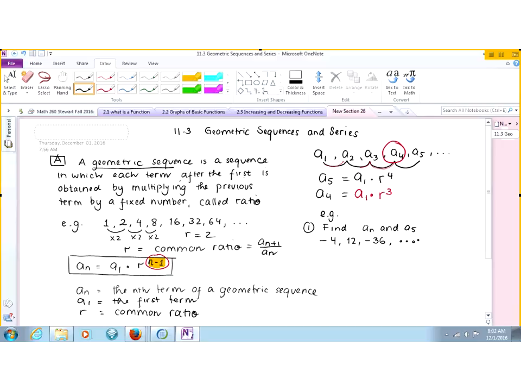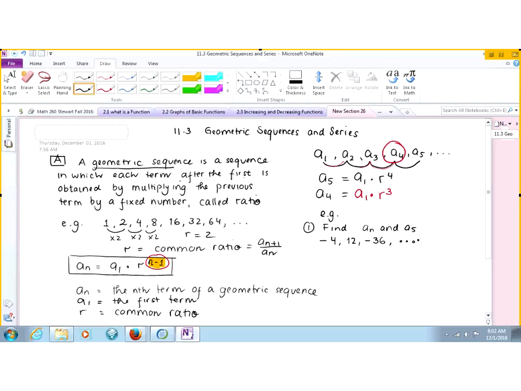So we want to find a(n) and a5. And then number 2, well, I don't have space, so I have to wait.